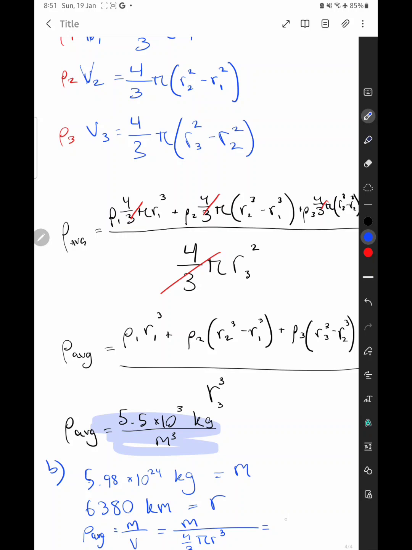If you plug in these numbers, you'll get 5497 kilograms per meter cubed. And then once you find this value here, all you have to do is divide it by this value to get the percentage difference.